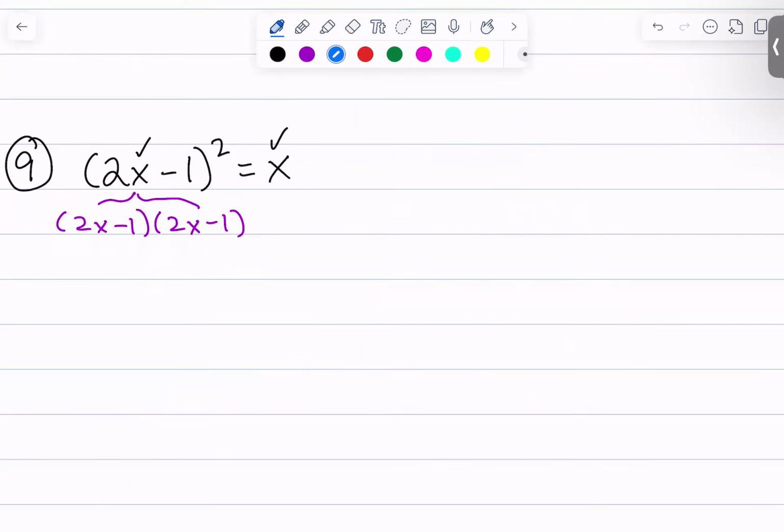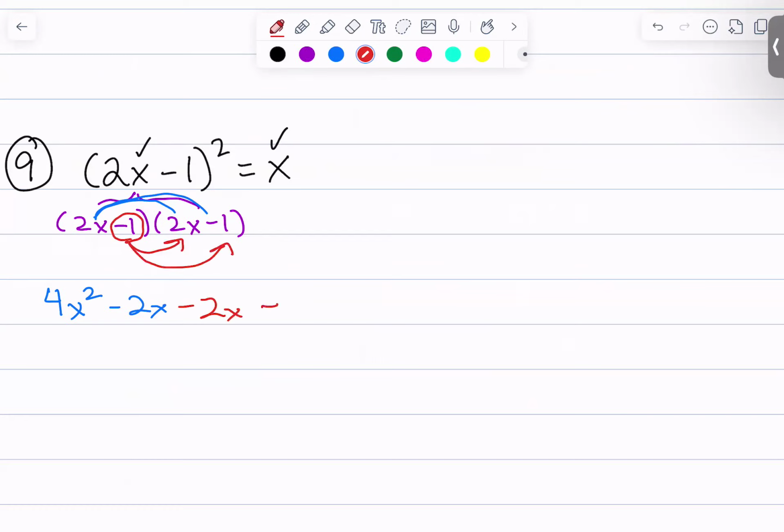If I just multiply this out, then 2x times 2x is 4x squared. 2x times negative 1 is negative 2x. This negative 1 times 2x is negative 2x. Negative 1 times negative 1 is positive 1.